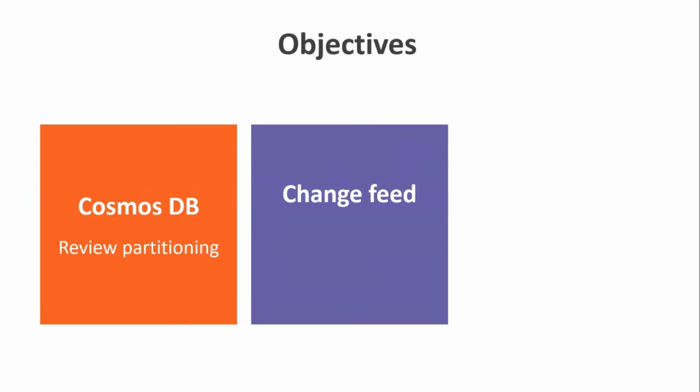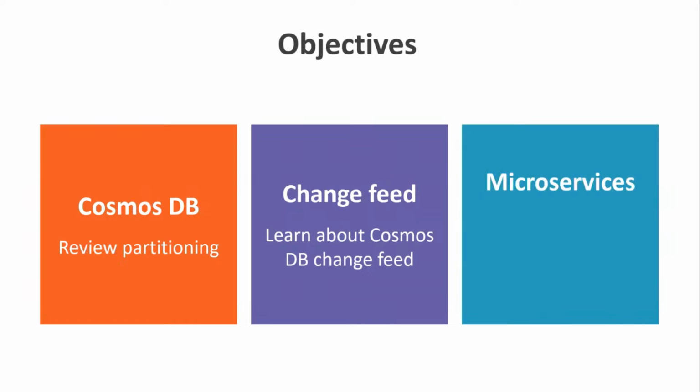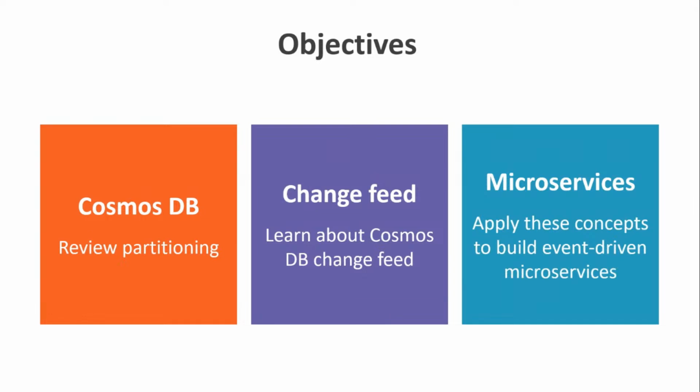And then we will look at the change feed, what it is, what it can do, and then put those two together to build microservices, in particular, event-driven microservices, by applying those concepts.